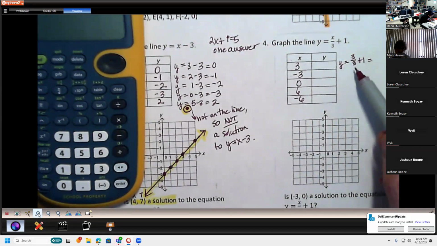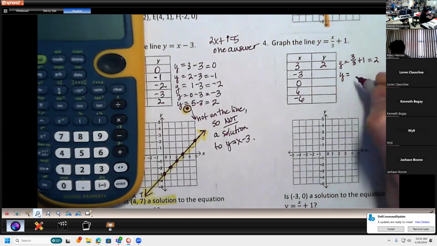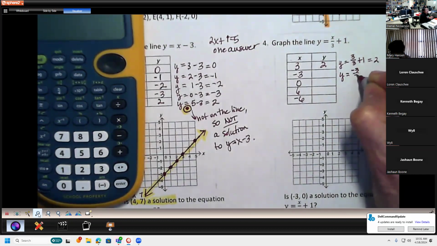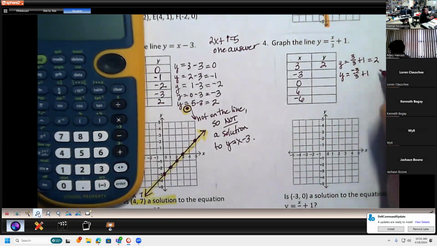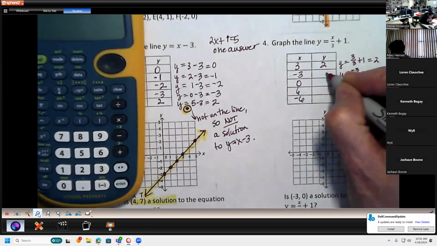3 divided by 3 is 1, and 1 plus 1 is 2. I do the same thing with -3. Negative 3 divided by 3, the signs are different, so the answer is negative 1 plus 1 is 0.